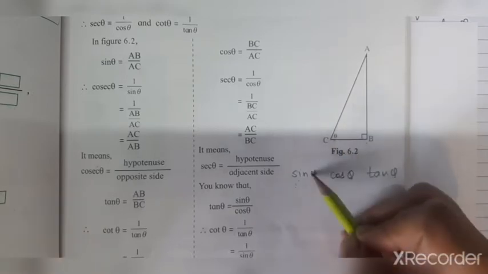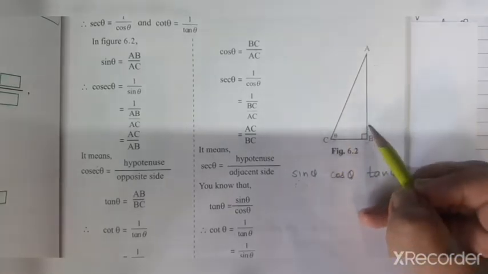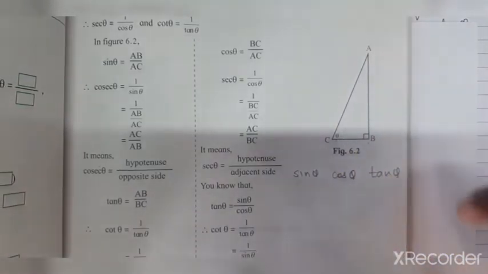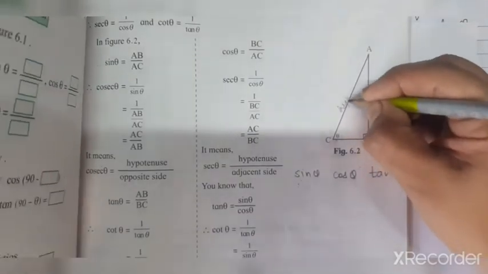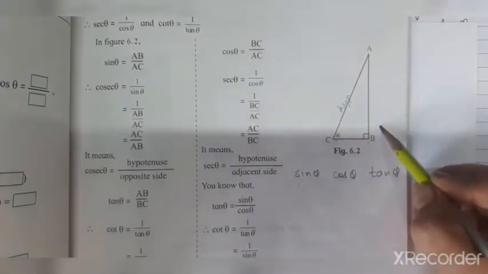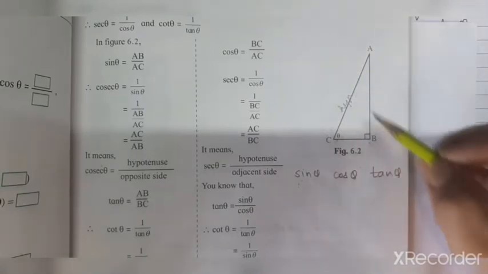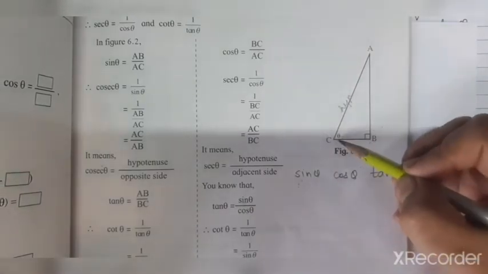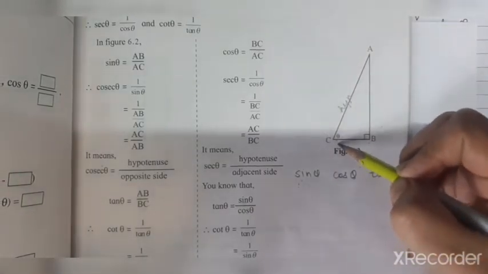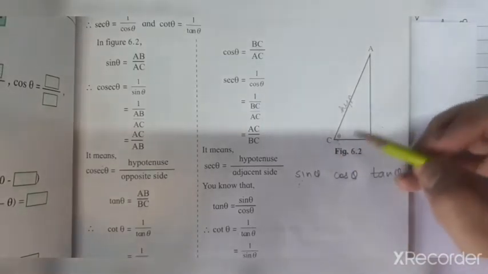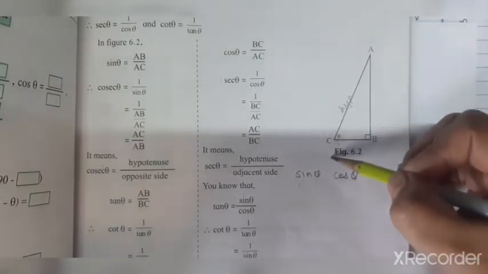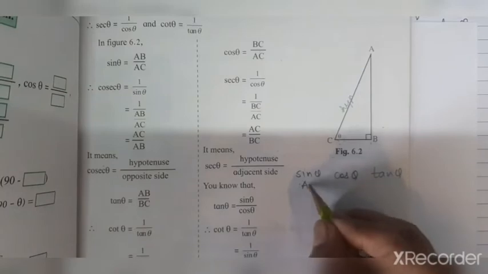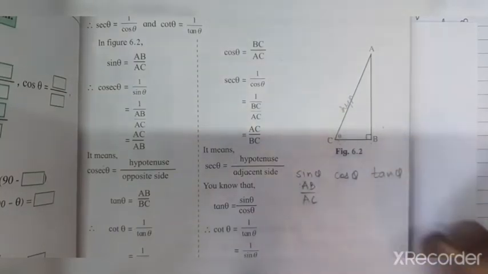So sine theta will be opposite upon hypotenuse. First you have to locate the hypotenuse. AC is the hypotenuse in this triangle because it is opposite to 90 degrees. So sine theta with respect to this figure will be AB upon AC, opposite upon hypotenuse.